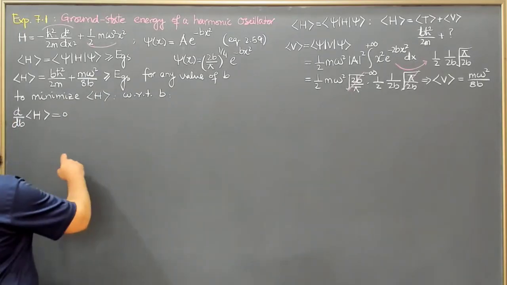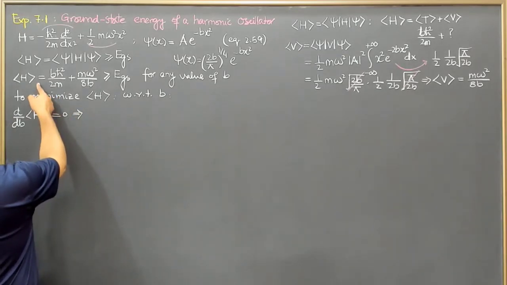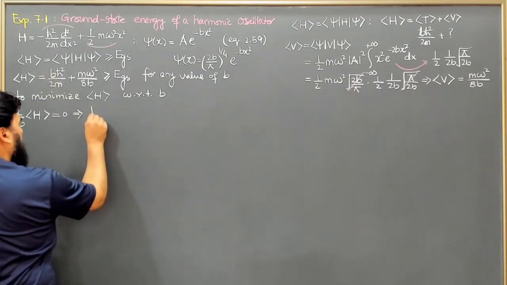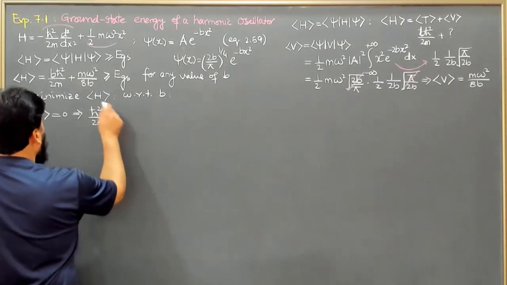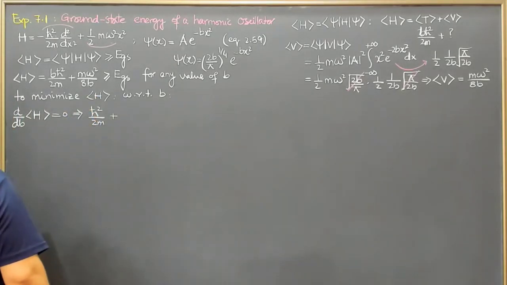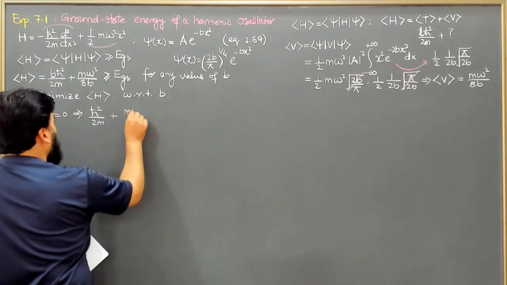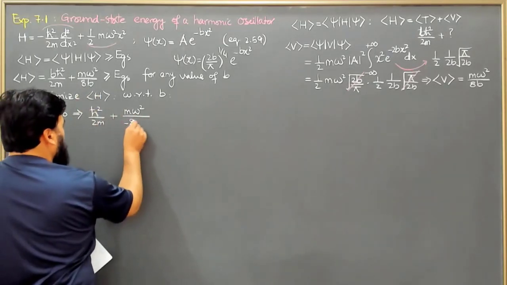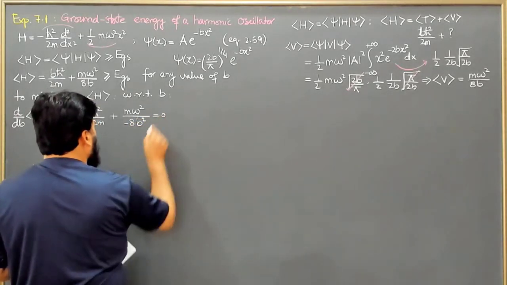So if I differentiate H with respect to b, then b will become 1 and ħ² over 2m is here, and plus this will be 1 over b, so 1 over b will become minus 1 over b². So I will have m ω² over minus 8b², and this is equal to 0.